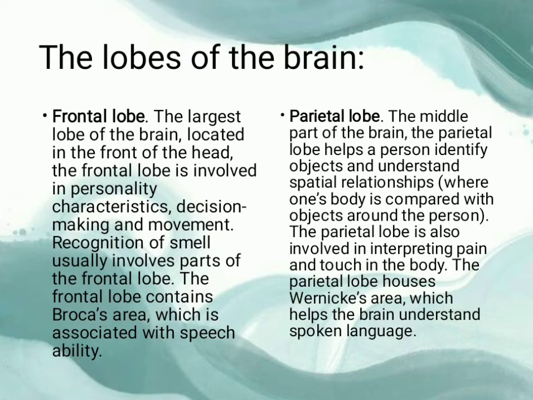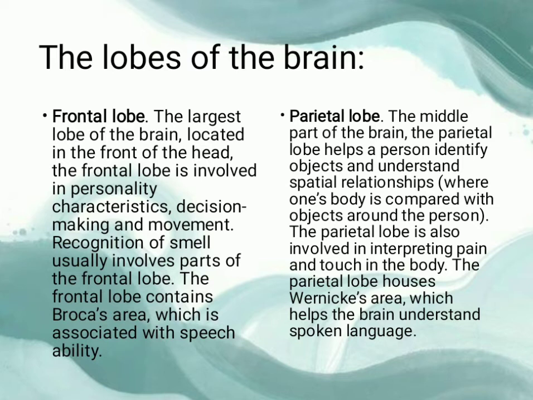Parietal lobe. The parietal lobe is the middle part of the brain. The parietal lobe helps a person identify objects and understand spatial relationships, where one's body is compared with objects around the person. The parietal lobe is also involved in interpreting pain and touch in the body.